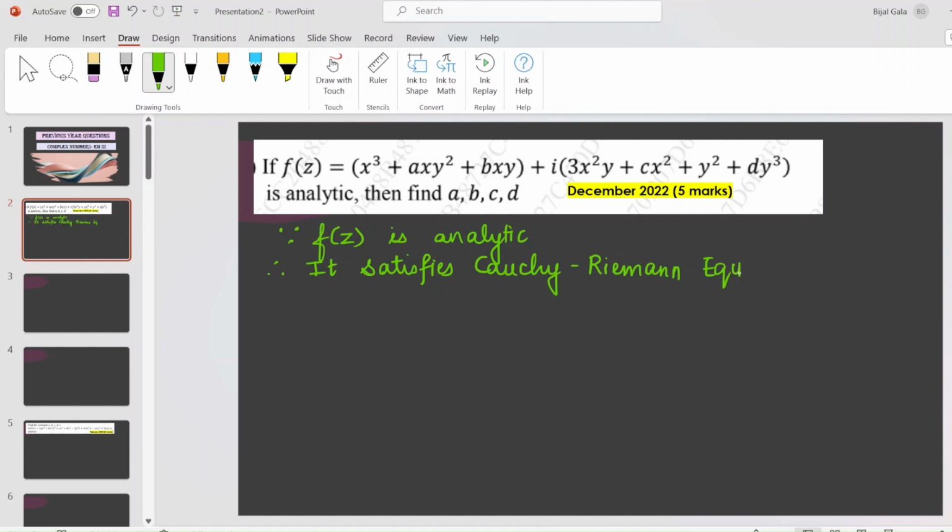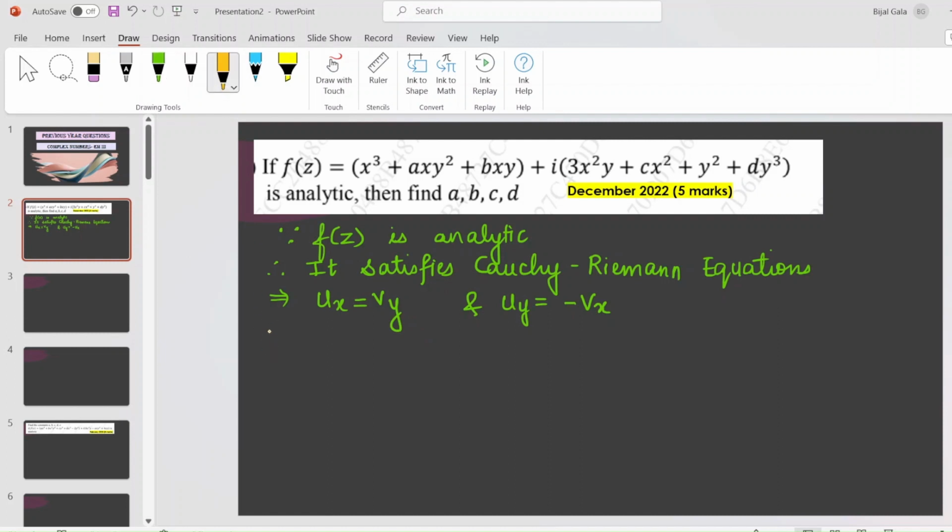Now, if you have forgotten the Cauchy-Riemann equations, let's revise them. So this implies that ux is equal to vy and uy is equal to negative vx. Now what is ux? What is vy? How to calculate them? Let's understand that.